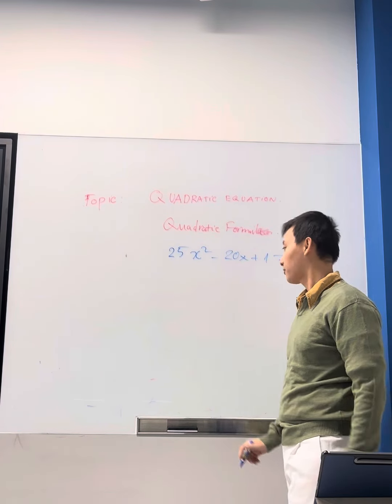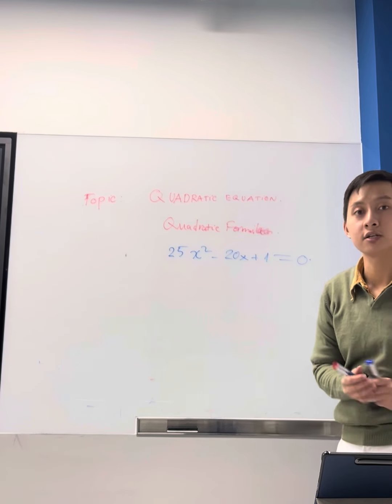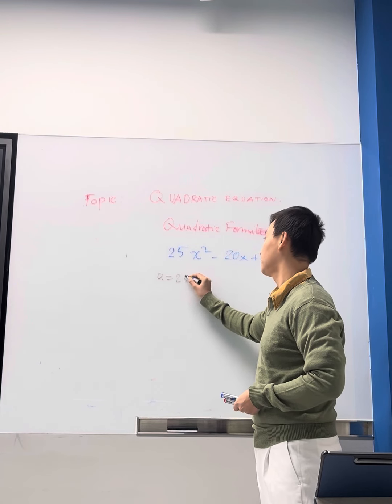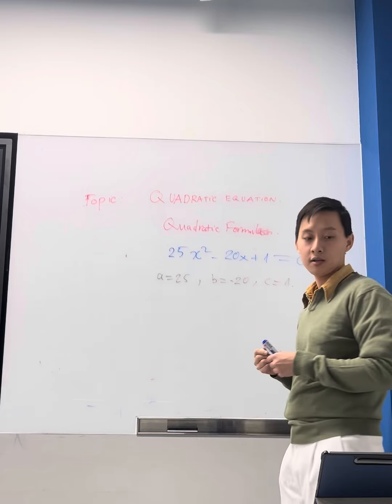The first thing, you list out all the coefficients. It's going to be a equal 25, b equal negative 20, and c equal to 1.